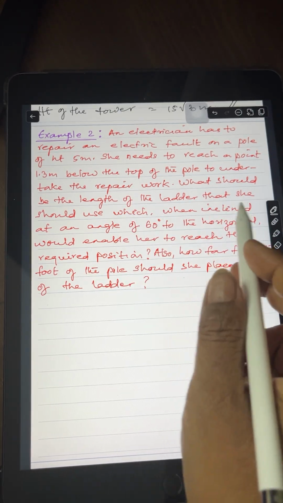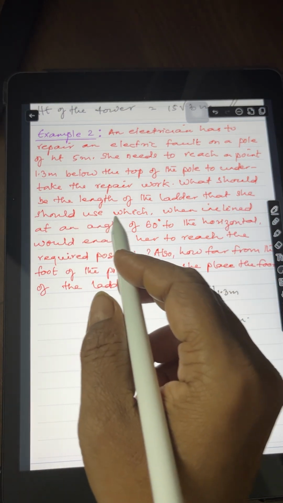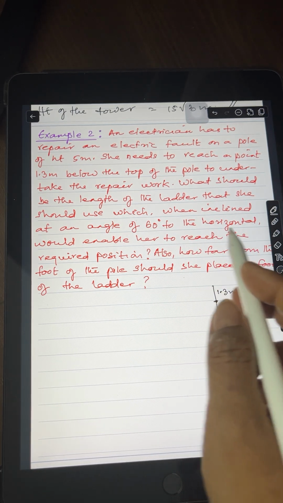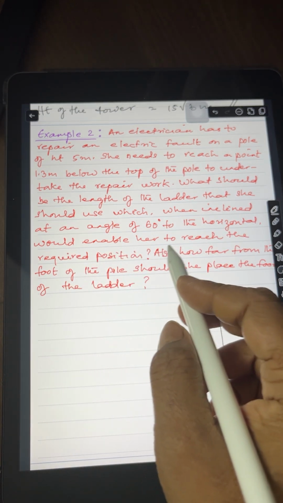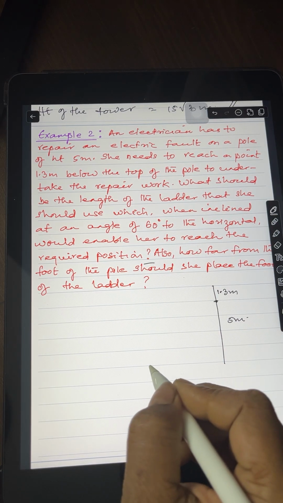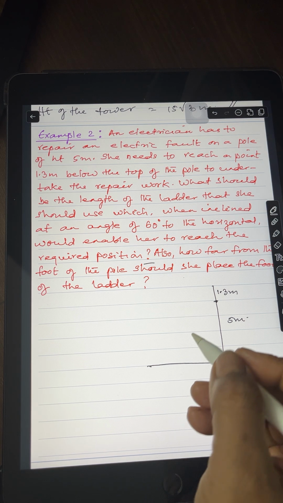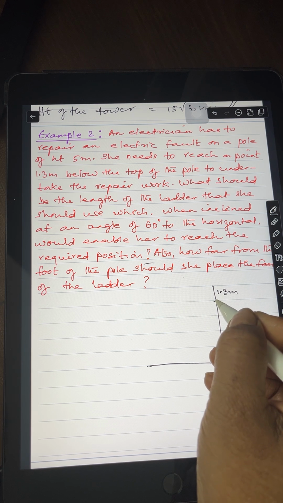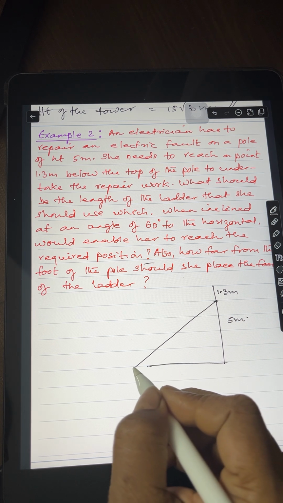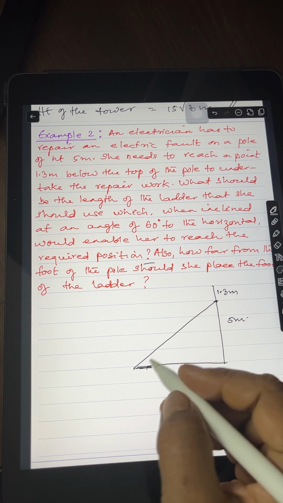What should be the length of the ladder that she should use, which when inclined at an angle of 60 degree to the horizontal would enable her to reach the required position? So horizontal line is this. What should be the length of the ladder? He's asking what should be the length of the ladder.